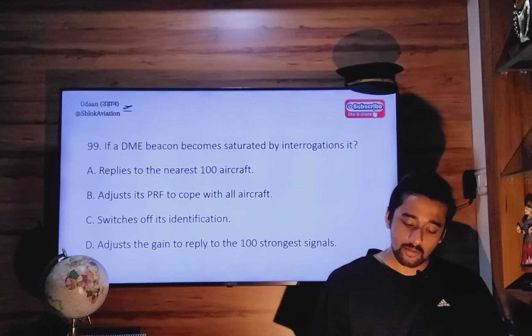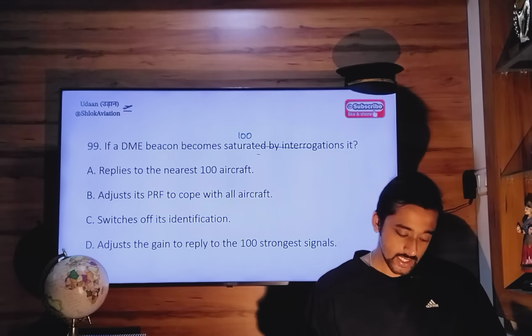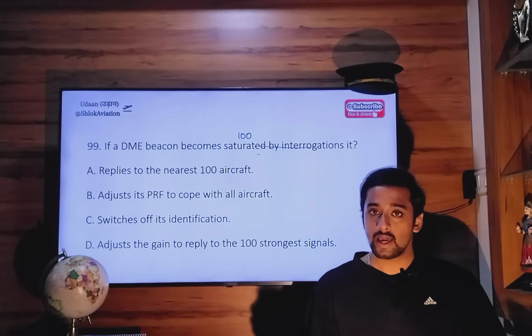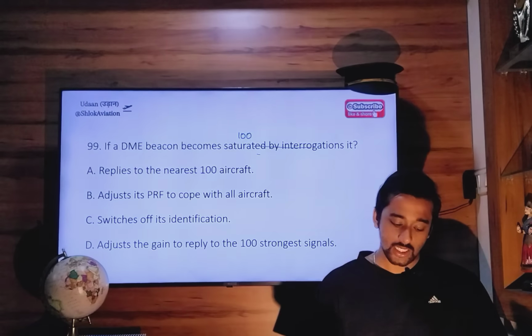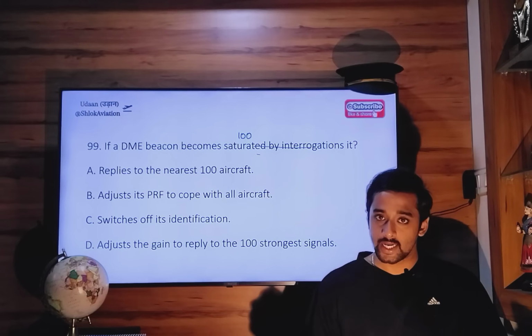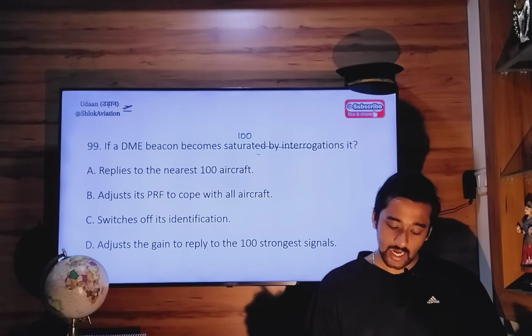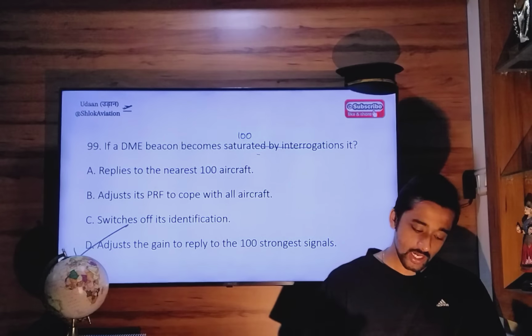If a DME beacon becomes saturated by interrogations, that means at one time it can handle only 100 aircraft. In that case, it will reply to the 100 aircraft which are nearest to it. It will adjust PRF to cope with all aircraft, switch off identification, adjust the gain to reply to 100 strongest signals. So correct option is option delta.